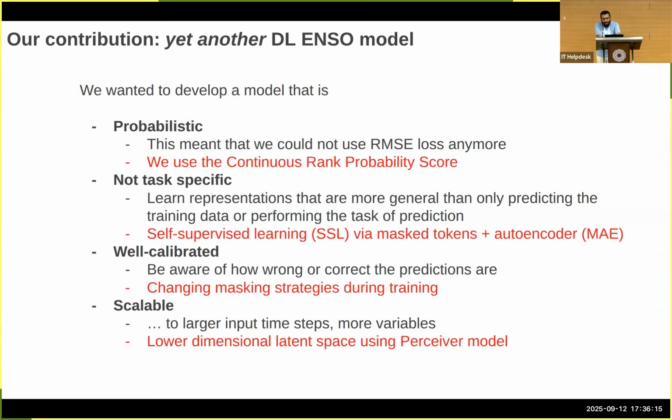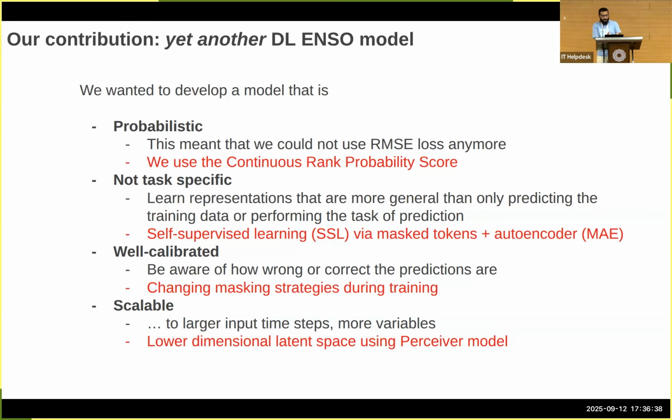For that, these are the improvements that we include. We use the continuous rank probability score to train our model. We use self-supervised learning via masked tokens. This is called masked autoencoding, which is a standard way of doing self-supervised learning in vision tasks.